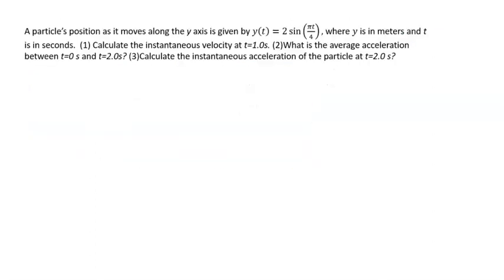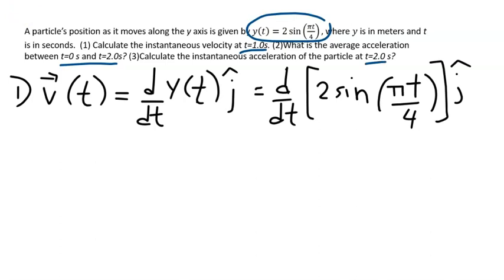In this example, a particle's position is given, the y-coordinate of it, and you want to calculate the instantaneous velocity at t equals 1 second, the average acceleration between t equals 0 and 2 seconds, and instantaneous acceleration at t equals 2 seconds. The instantaneous velocity expression is given as below, the time derivative of the y-coordinate, and we end up taking the derivative of 2 sine pi t over 4.